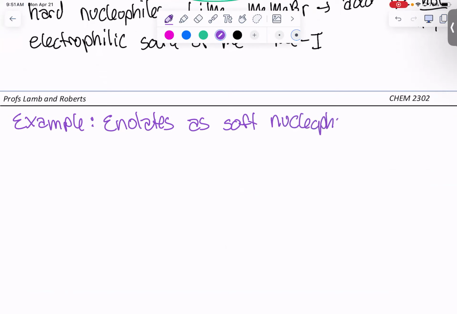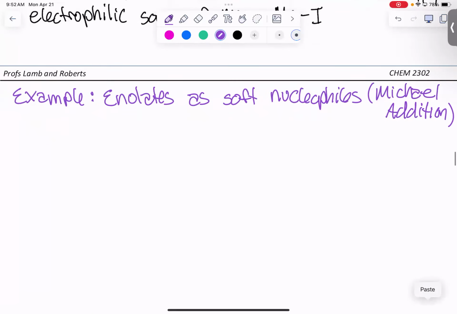All right, enolates, a soft nucleophile. Sometimes we call this Michael addition. I don't know who Michael was, so I like to call it still conjugate addition of an enol. But you might see that in your book, a Michael reaction or Michael addition.